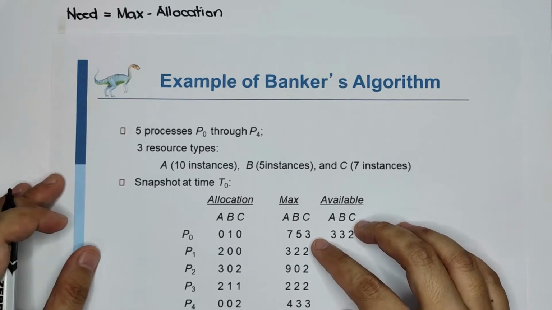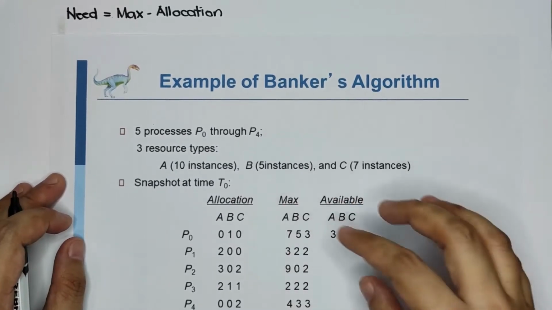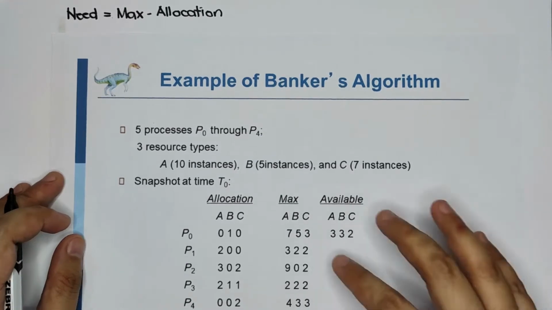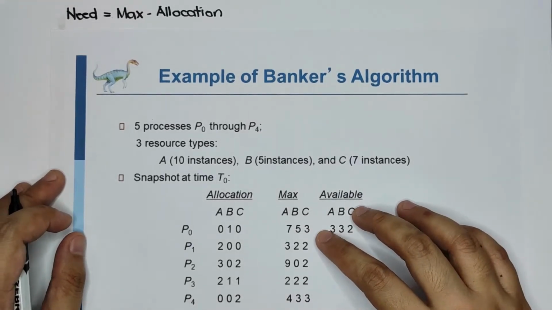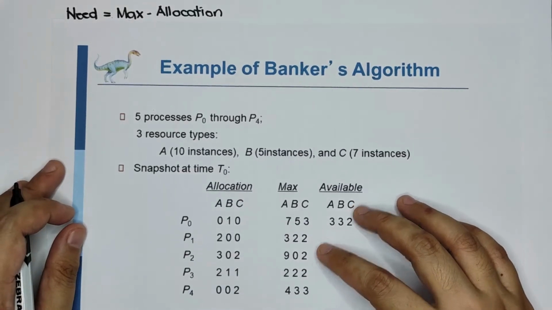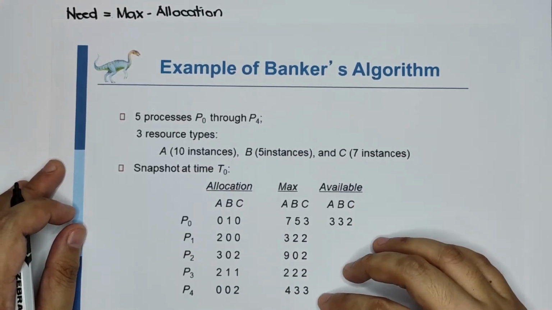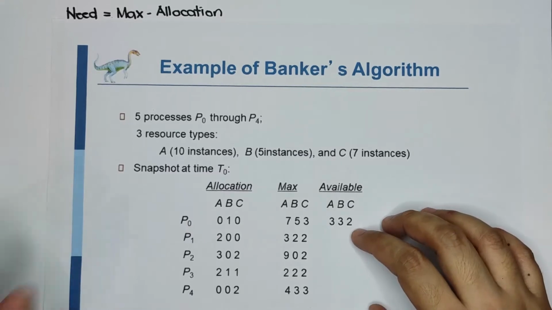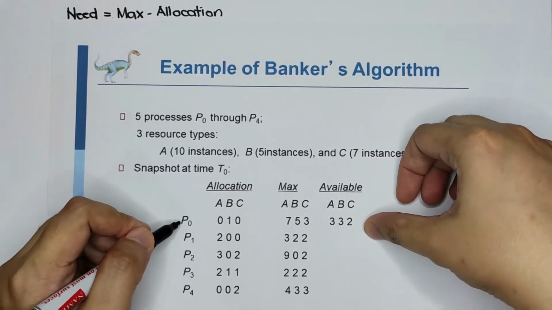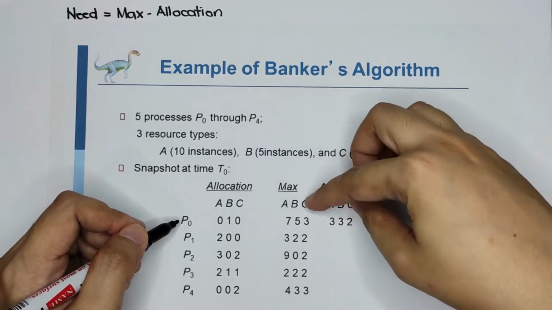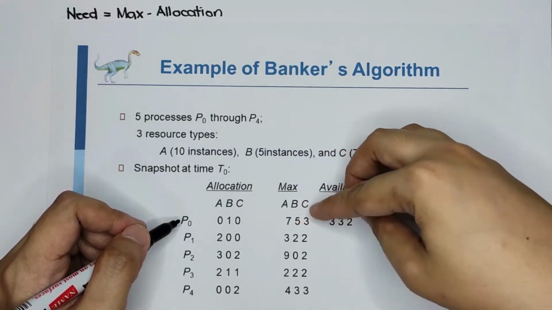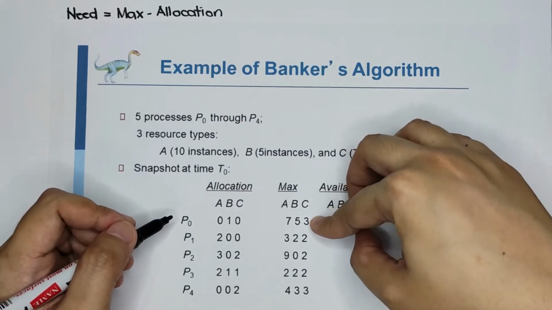Of course, you have to consider the columns A, B, and C as independent numbers. As I've said in the review, it's not 753 or 322, 902, 222, or 433. They are regarded as independent numbers. For example, for P sub 0, the maximum needed resources for A is 7, for B is 5, and for C is 3.